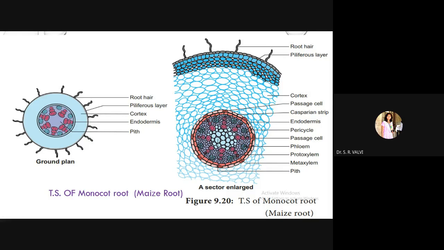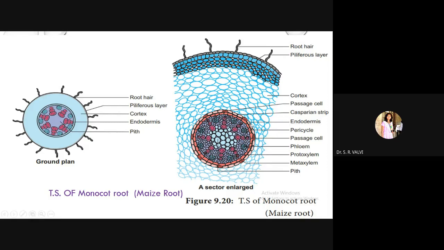Endodermis is the first layer, then pericycle is the second layer, third is the vascular bundle, and fourth is pith. Altogether, all these four layers are called stele, S-T-E-L-E. Please do remember. This stele region is centrally located.